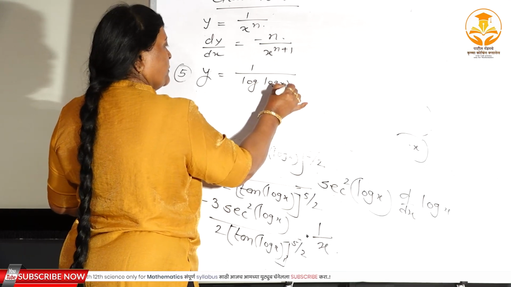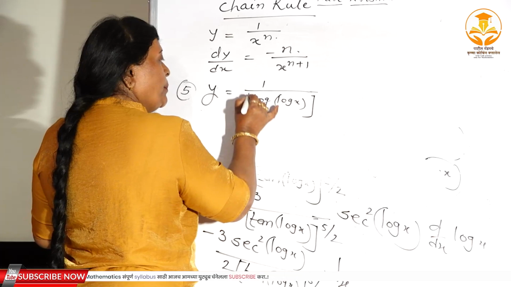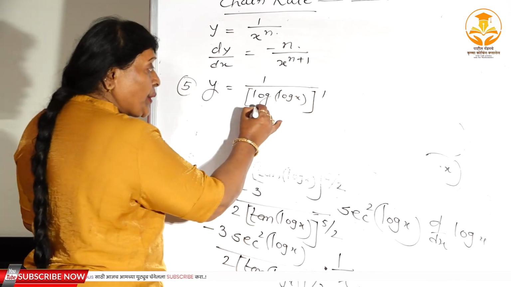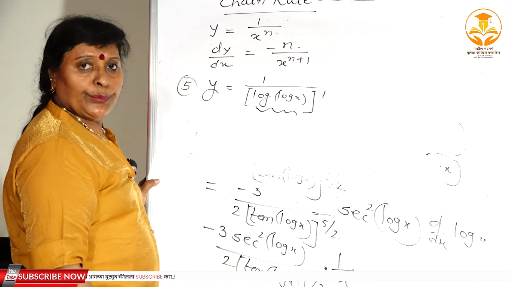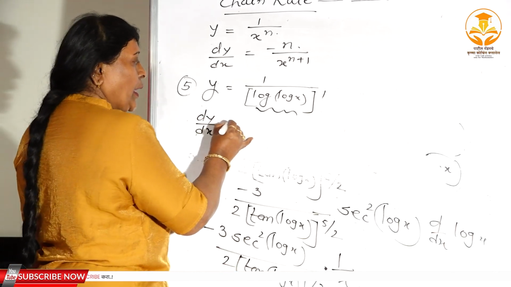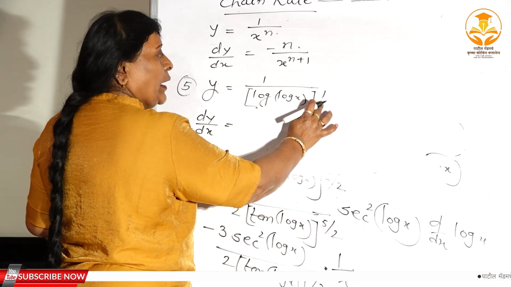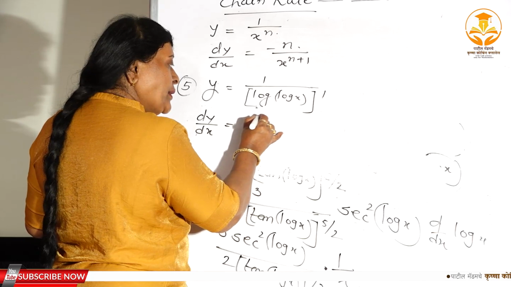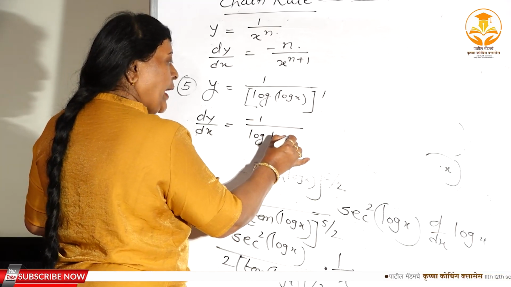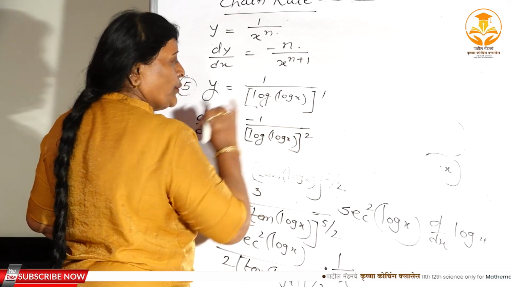See, now again if you observe this, there is no power, means the power is 1, and this you can consider as u. dy by dx is equal to, again this is 1 upon u to the power 1, and it is equal to minus 1 divided by log of log x, n plus 1 means here 1 plus 1, 2.